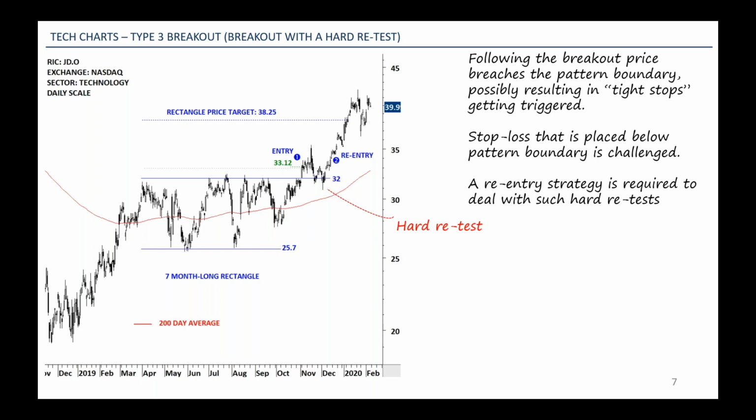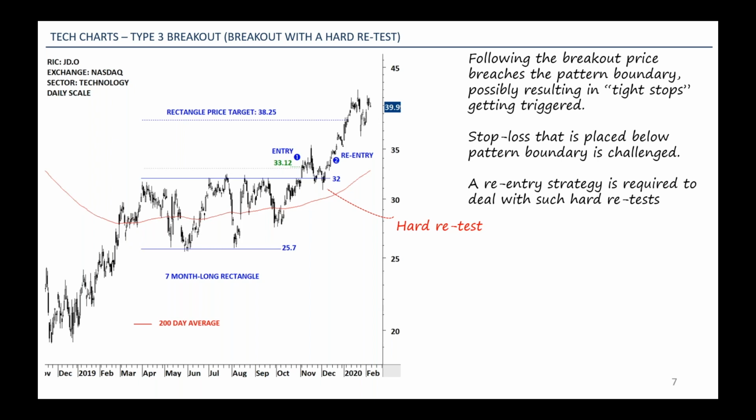So you make a rule, you say that I will not attempt a re-entry. That's also fine. Then you will be dealing with a subset of 47.7% over the 6-year period.